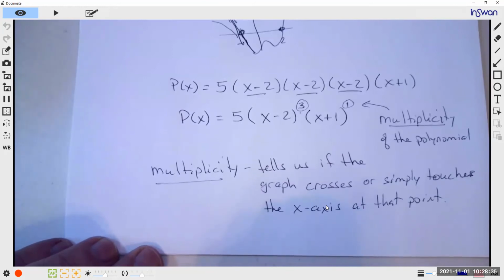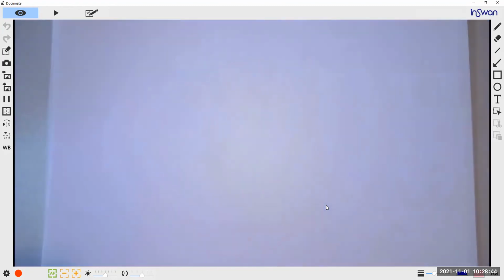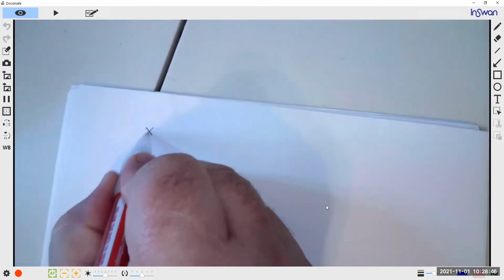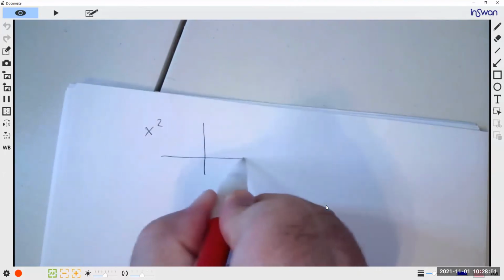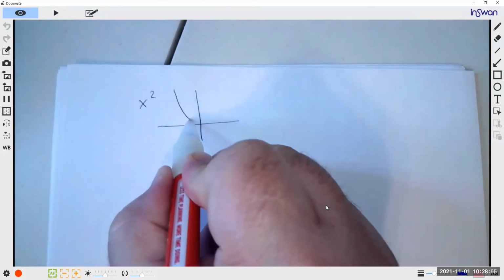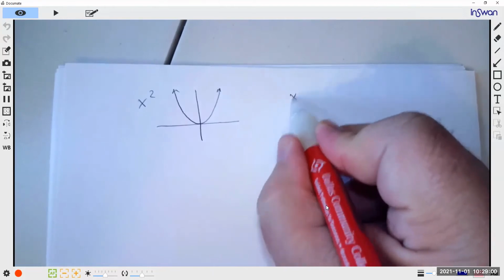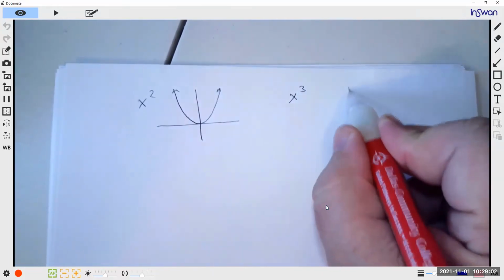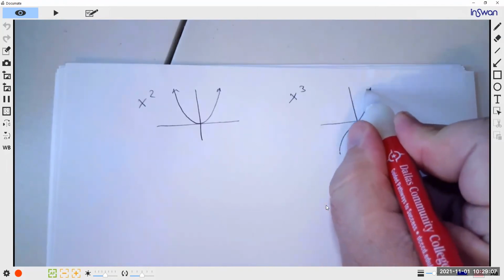All right. Actually, we've seen examples of this already. When we first started talking about quadratic equations, we had this graph. And for cubic equations we have this graph.